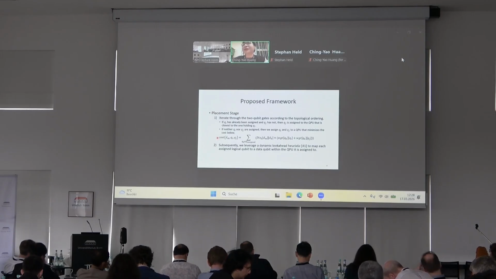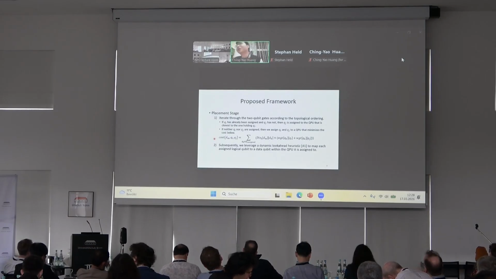So, logical qubits that interact early in a circuit and frequently with each other will be assigned to nearby QPUs. Subsequently, we leverage a dynamic look-ahead heuristic method, reference 41, to map each logical qubit to a data qubit within its assigned QPU.